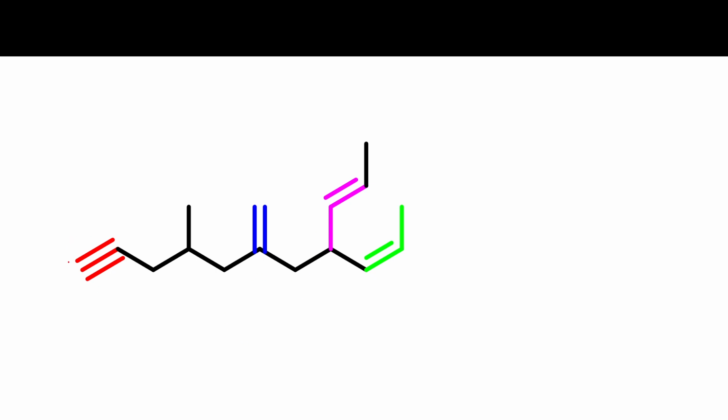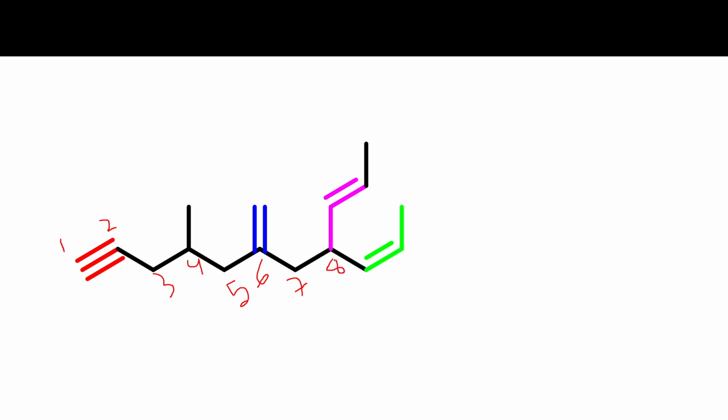For the next one, from which side do we start the numbering? From the triple bond side. Yes, sir. So from this side we start the numbering 1, 2, 3, this will be 4, this will be 5, this will be 6, 7.